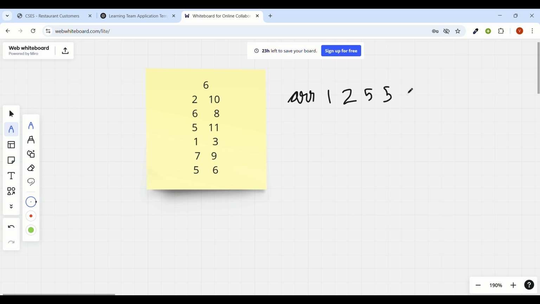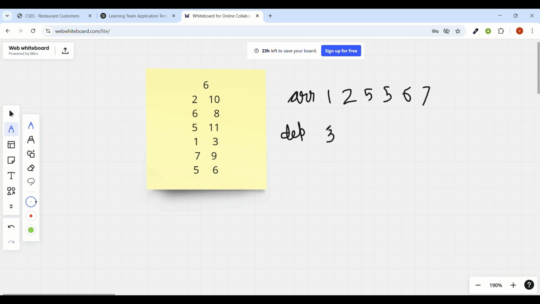So 5, then again 5, then 6, then 7, and then all our 6 customers are received. So then similarly we would store departure times as well in ascending order.